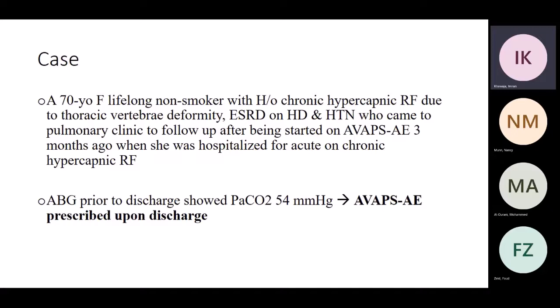She was started in early July, and I just got to see her now. The patient was hospitalized in early July for acute on chronic hypercapnic respiratory failure for the first time. ABG prior to discharge showed a PaCO2 of 54, and we felt we had to start the AVAPS, and we started it.